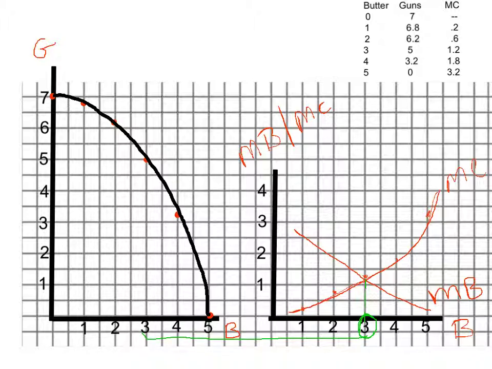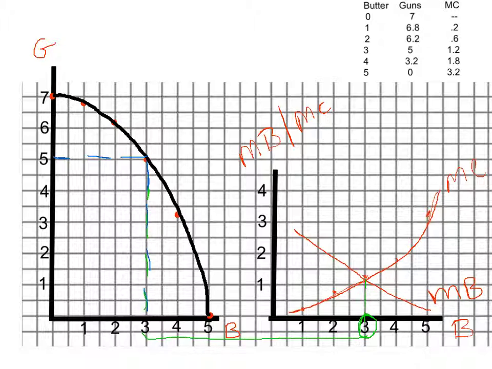Then, come on up, that means he will produce 5 guns.